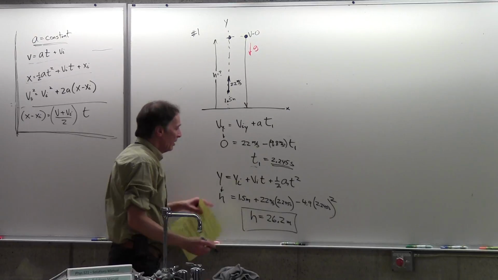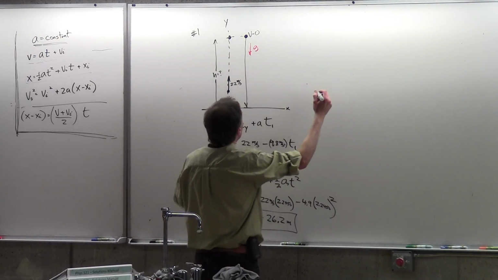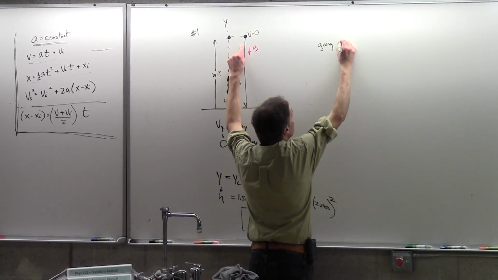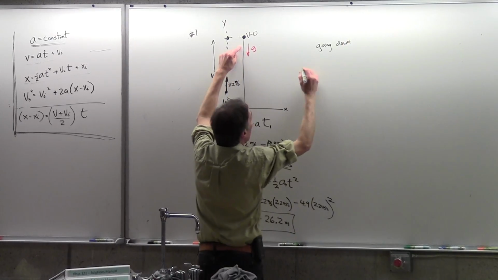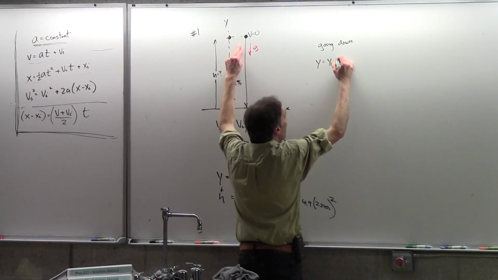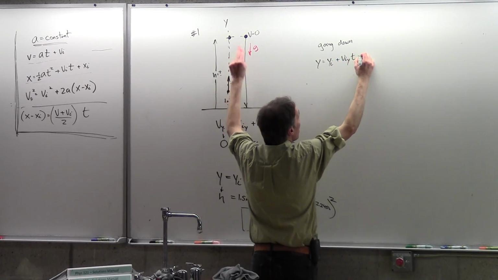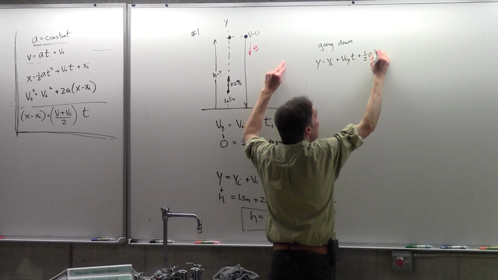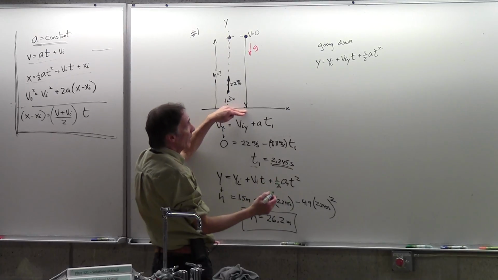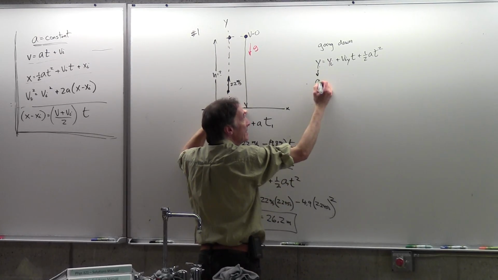But we can use this y equation going down. So going down, we're going to say y is equal to y initial plus the initial velocity in the y times time plus 1/2 at squared. The y is going to be back on the ground, so I want that to end at 0.